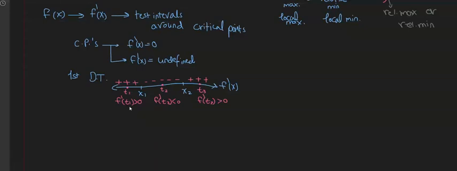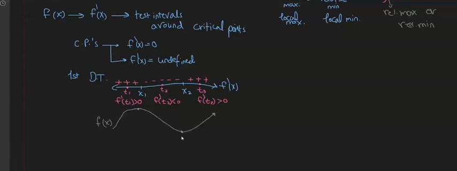And therefore we can expect the f behavior. If f dash, which is the slope of the tangent line, is positive, it means that the f, the function, was increasing, right, up till the x1, and then it starts to decrease up till the x2, and then it started to increase again.